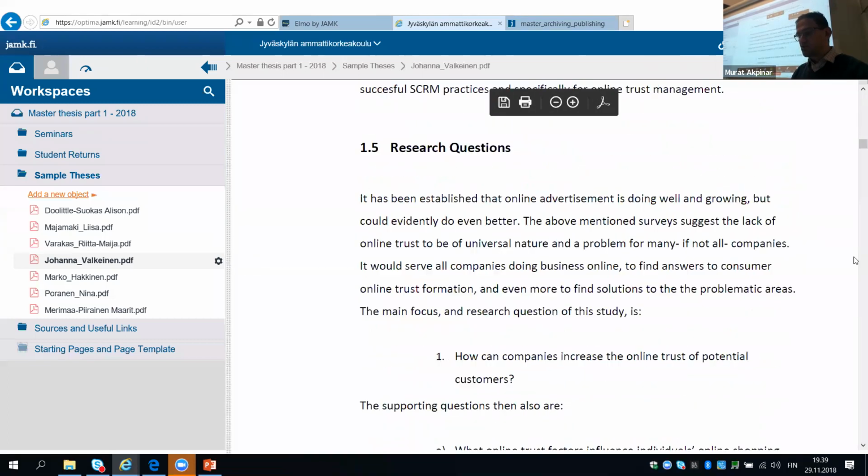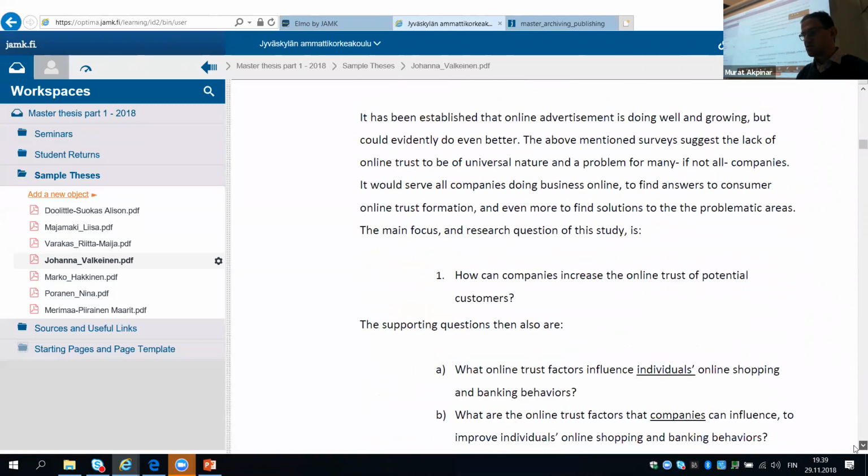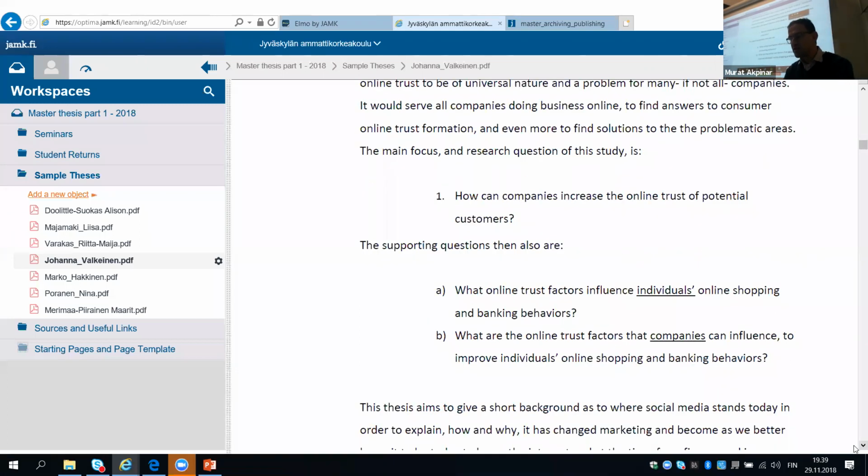Then we have the research questions. And she has one main research question with 2 supporting questions. One is for the individuals, and one is for the companies.